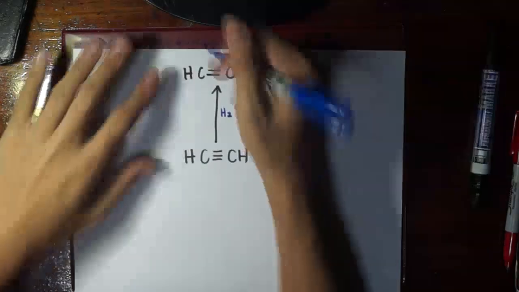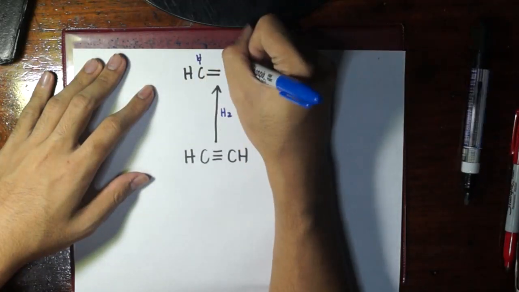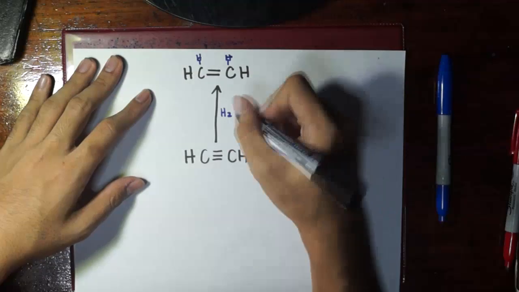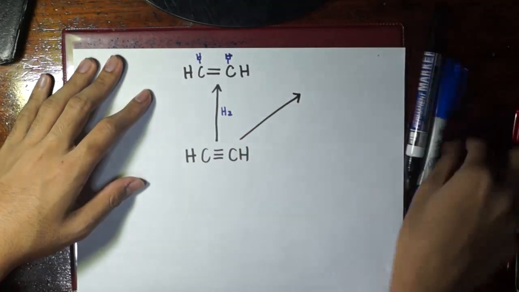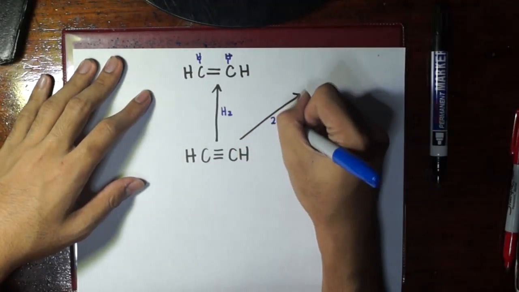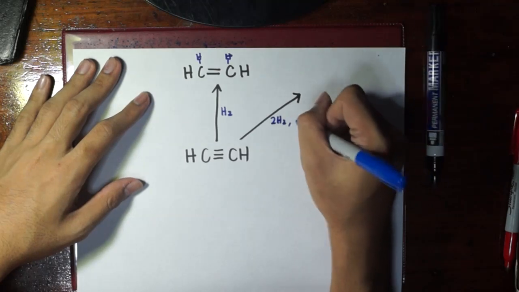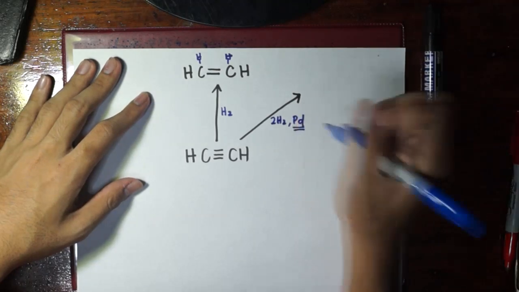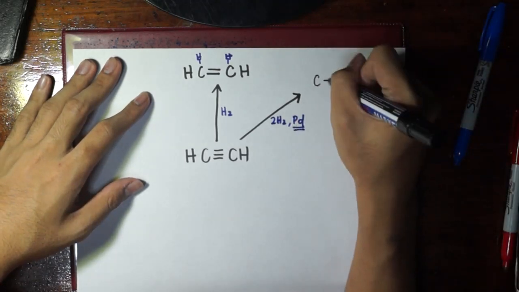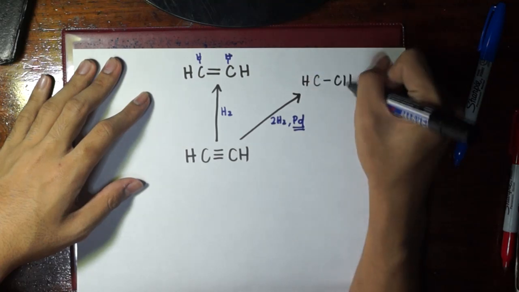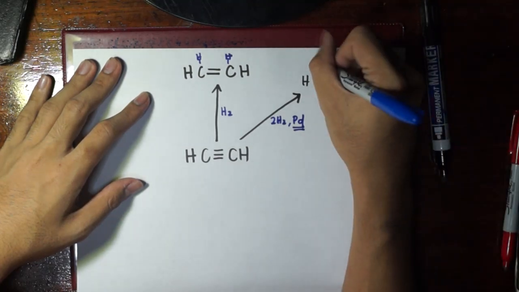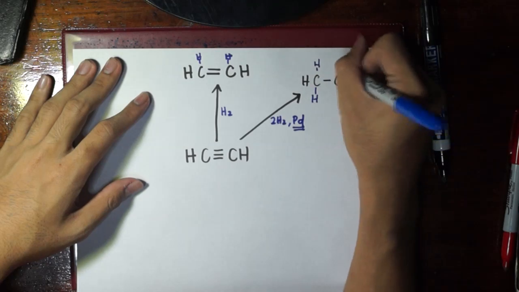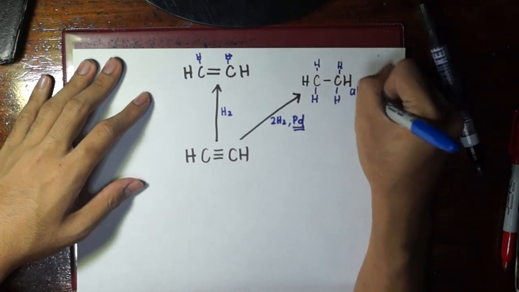Alright? 1 mole to 1 mole. But in most cases, this reaction is very quick, very efficient, that you use 2 moles if you're going to use only a metal catalyst. So in this case, you'll fully saturate it with hydrogens and come up with an alkane.